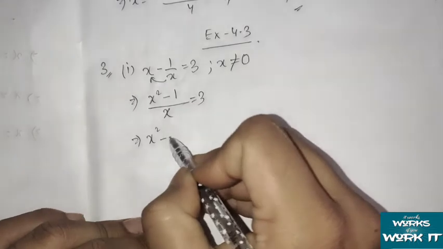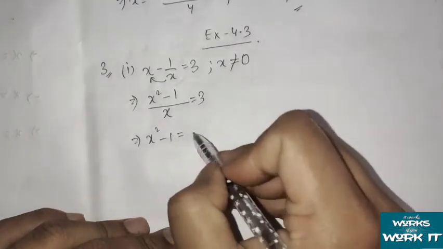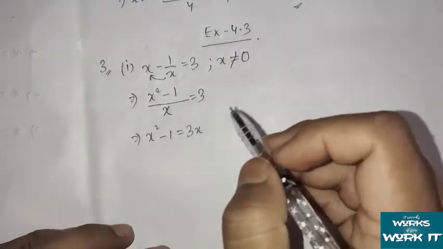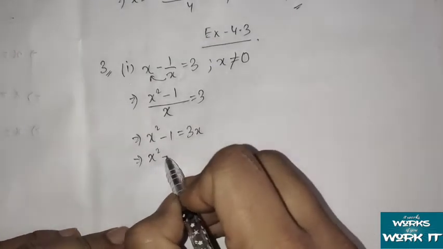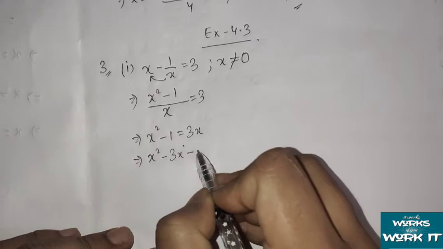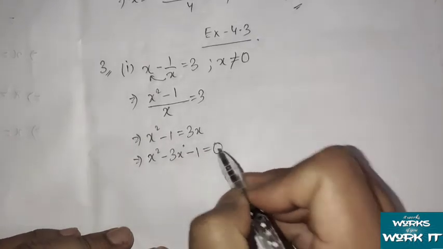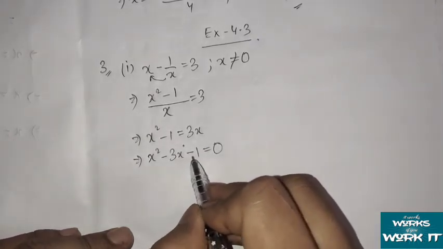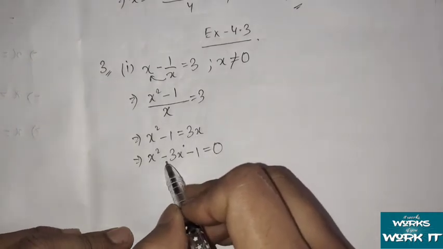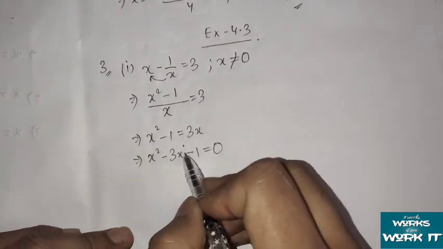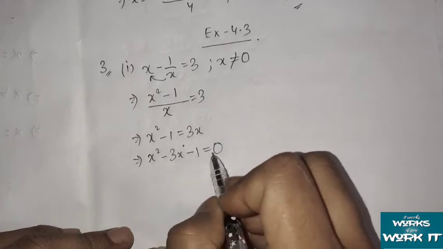So x square minus 1, if I send this to the right hand side, it will become equal to 3x. So bringing it here, it will give us the standard form: x square minus 3x minus 1 equal to 0. This 3x came to the left hand side and became minus 3x, and minus 1 was already present in the left hand side.